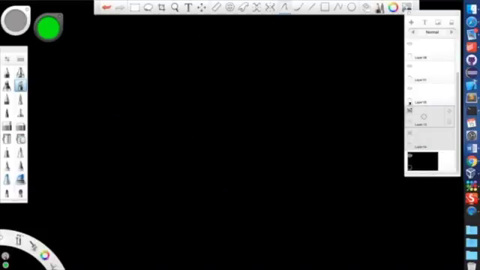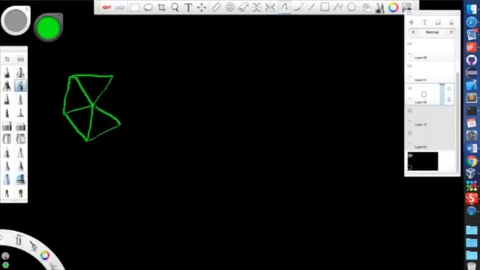Let's take a look at a circle that's made up of 5 triangles now. This one is going to be trickier to draw, so bear with me. Oh, not too bad. Let's put the circle over top.